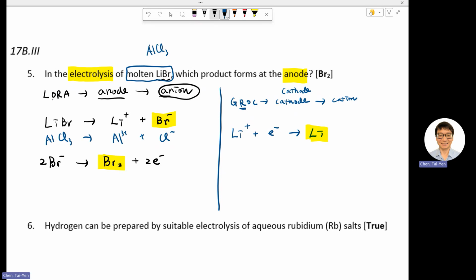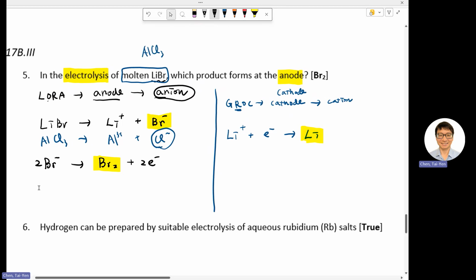If you look at your anode, which anion will be important? You should also consider 2Cl- becoming Cl2 plus 2 electrons.